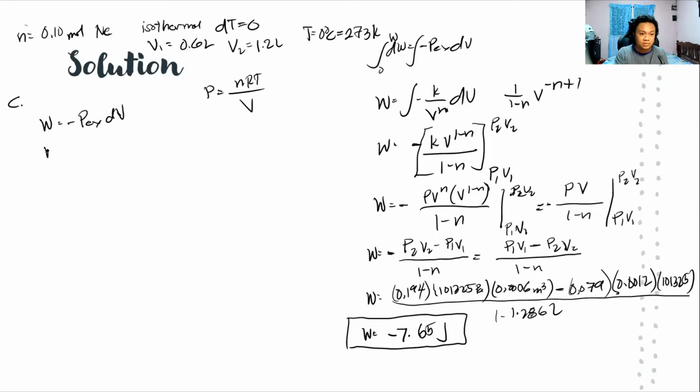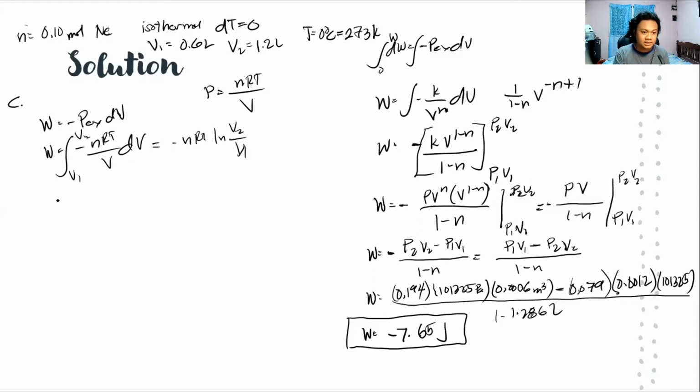Okay, so just substitute this here. We have nRT over V dV. Integrate that from V1 to V2. You will get negative nRT ln V2 over V1.